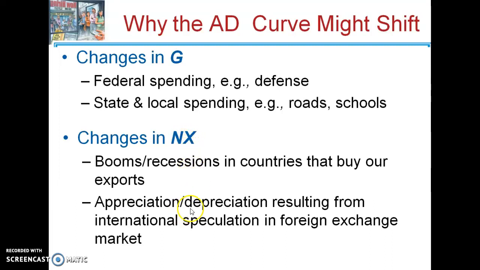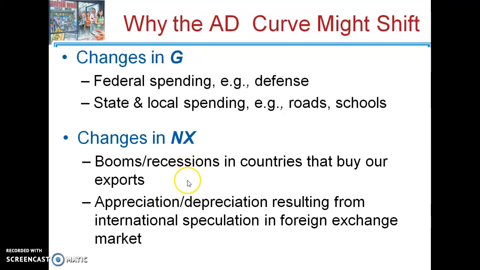And then this currency one, if you have appreciation or depreciation in currencies, so if the U.S. currency appreciates against other ones, well, if the U.S. currency appreciates, it becomes more valuable than other currencies, and that means all U.S. goods become relatively expensive, and that decreases the aggregate demand.